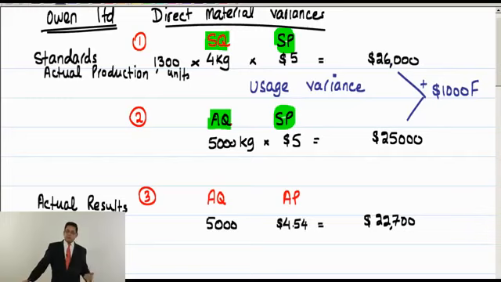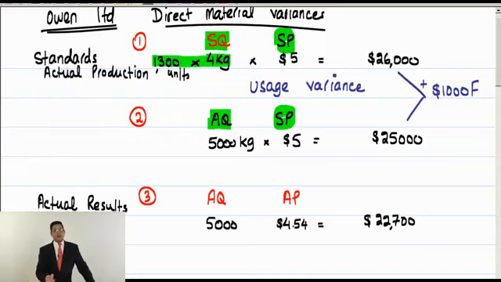Second is the more analytical way, which is this, that if standard quantity is 4 kilos in 1 unit, can we say in order to make 1,300 units, we should have used 5,200 kilos, 1,300 times 4 gives us 5,200, whereas actual usage was only 5,000.